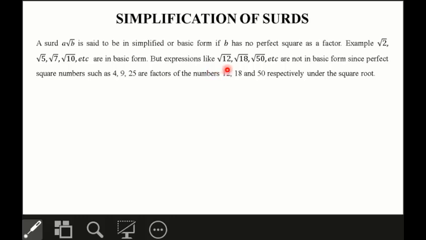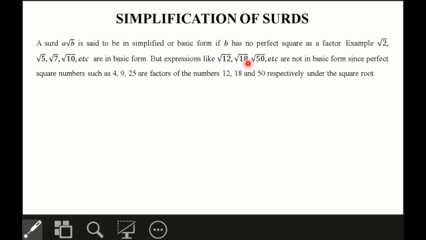Why? Because the numbers under these root signs can be expressed as a multiple of two numbers, with one being a perfect square. An example: if I have this 12, I can express it as what? 4 times 3, and the 4 is an example of a perfect square.